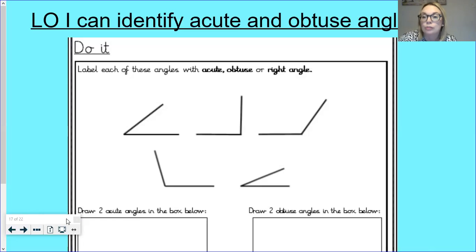If you're still not sure, rewind the video, go back, have a look through the slides again, until you're feeling really confident. At the bottom of the do it, you've got 2 boxes. In one box, we'd like you to draw 2 acute angles. Make sure you use a ruler if you can to do that, please. And in the other box, 2 obtuse angles. So that's the do it.